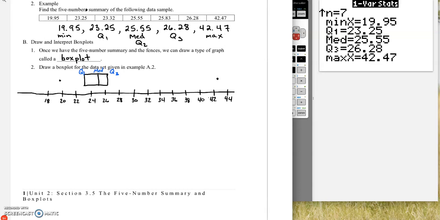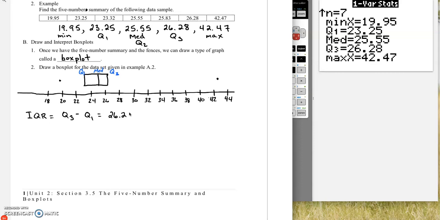Now we need to figure out our fences. Well, to do that, first we have to get the IQR, right? So I should do that first. So IQR, remember that's Q3 minus Q1, and we have those values.